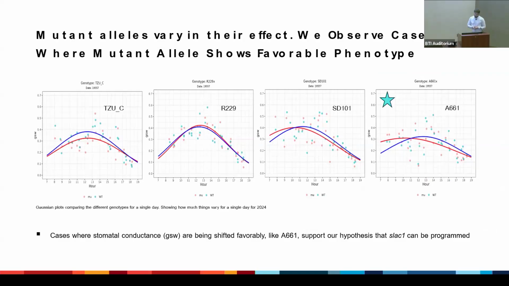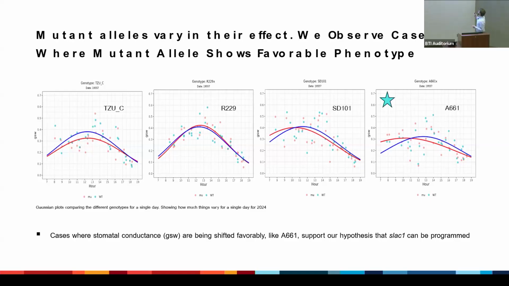So now we look at the allele effects. Shown here are the various genotypes for the same day. And you can see that the difference between the red line and the blue lines is pretty significant, especially for ones like A666 and SD101. And so we can also see cases where stomatal conductance is being shifted in a favorable way according to the difference in the allele.